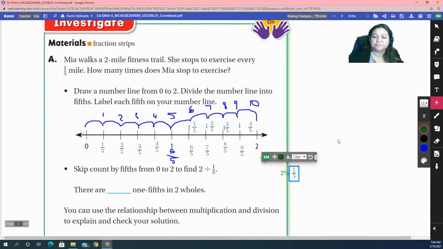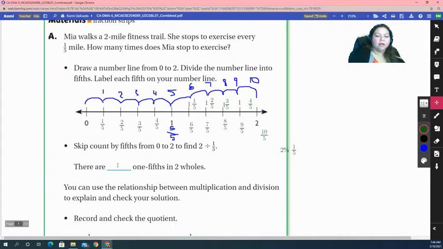Okay, so there are 10 1/5s in 2 wholes. We're going to start writing this bigger.